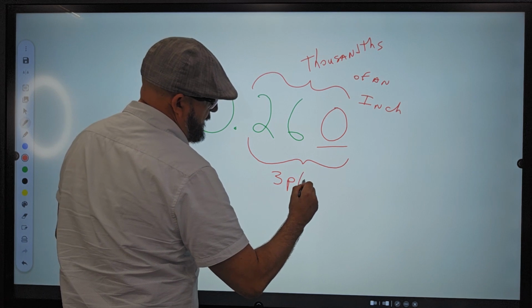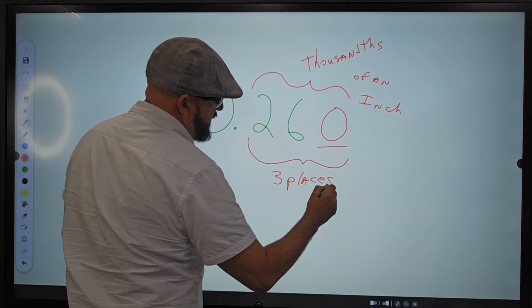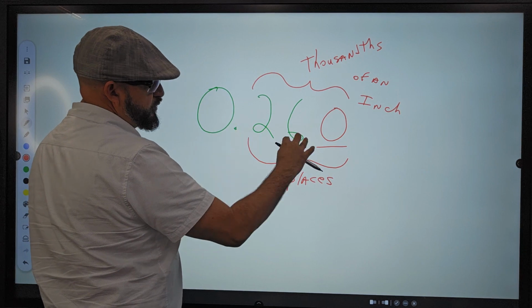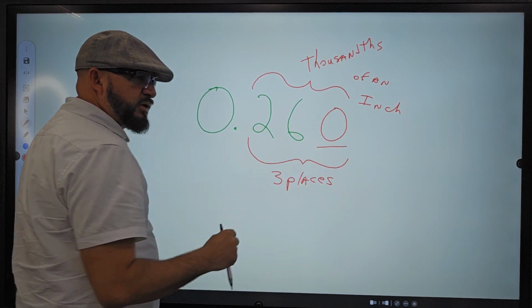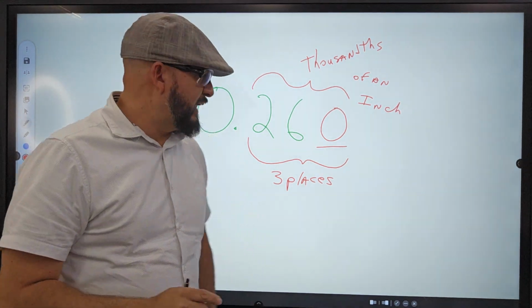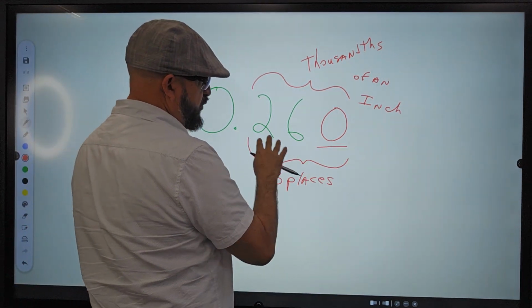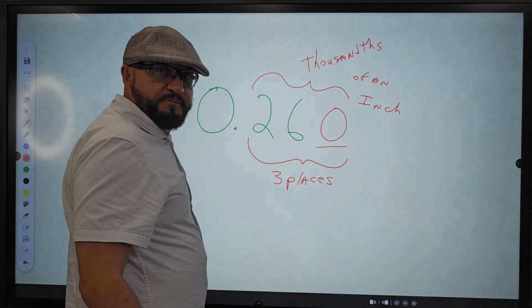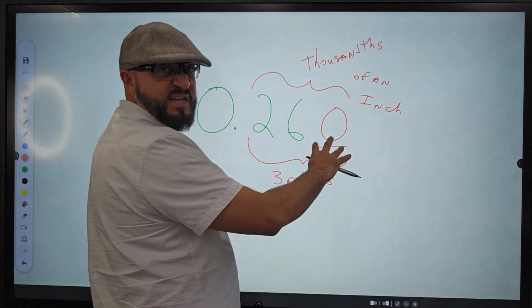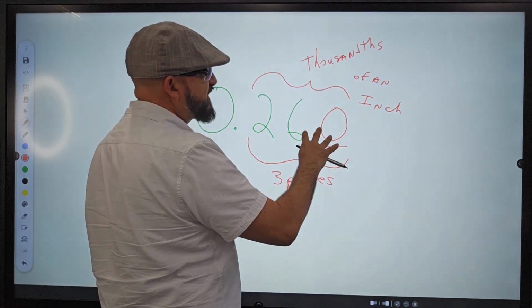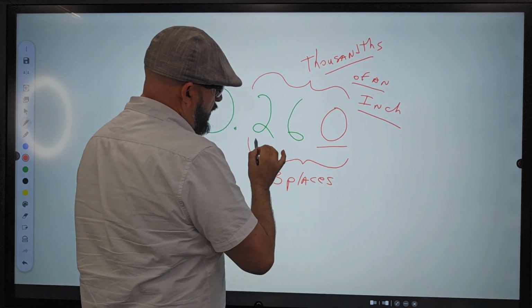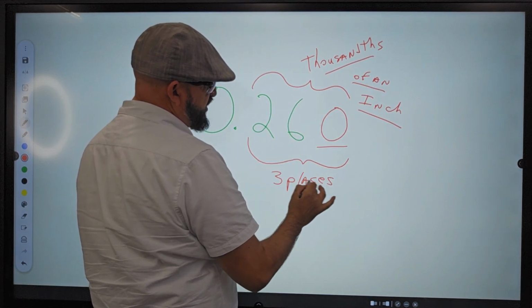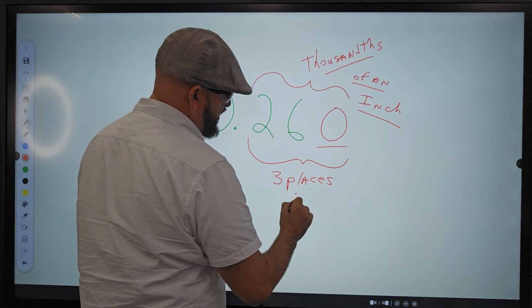What I'm talking about is if you just get 0.26, you need to put a 0 here, either in your mind or on the paper that you're doing, so you can read it correctly. And after you have the 3 digits, you read it like it would be hundreds, right? 260, it's like you're reading 260 thousandths of an inch. So making this number 3 digits, 3 places.